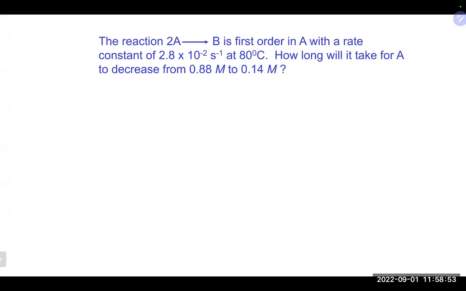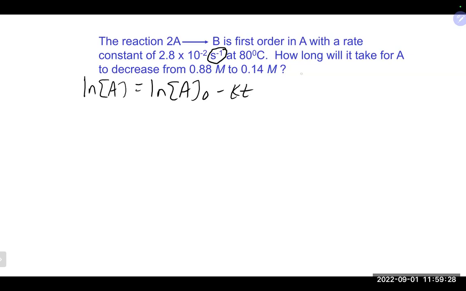So it definitely tells us in this particular case that it is first order. Once again, if it didn't tell us it's first order, we would definitely know that because it does give us the rate constant here. The units that we see associated with it is reciprocal seconds. So that automatically sends you to that first order sort of equations that we talked about. Since obviously we have some concentrations, we're looking for time. That definitely is our first order here, which would be the natural log of A equals the natural log of A naught minus kt.